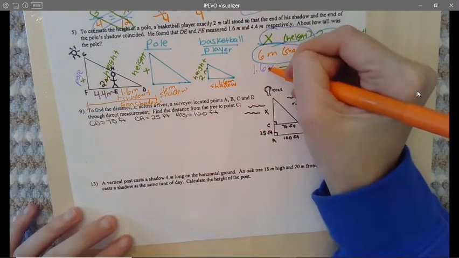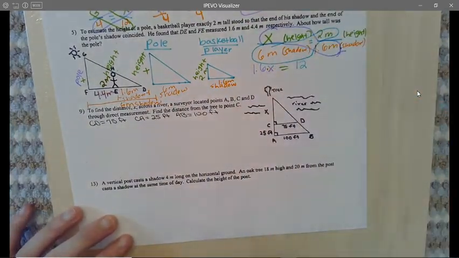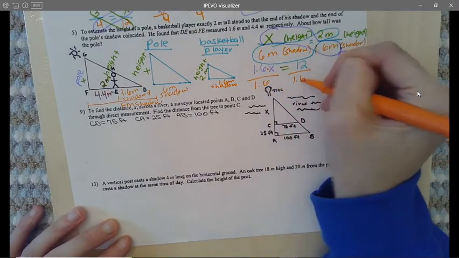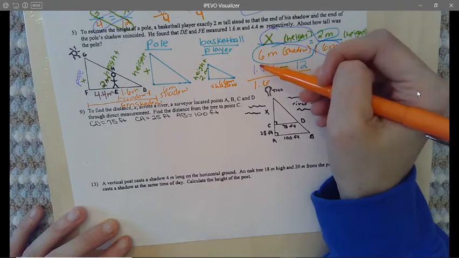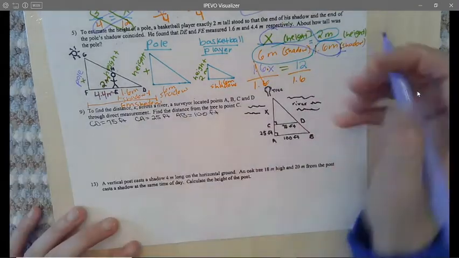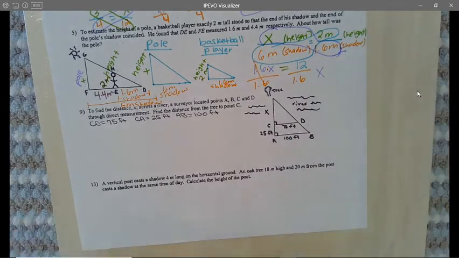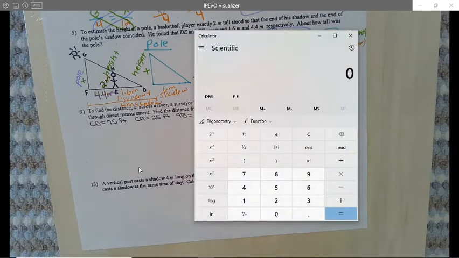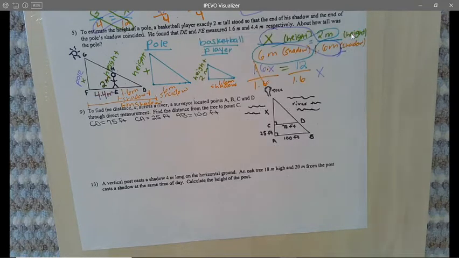So how I move the 1.6 to the other side is by dividing it on both sides. So 1.6 divided by 1.6 will cancel. Okay, and we're left with X will equal 12 over 1.6, which again, since we have decimals, if you need to use a calculator, it's okay. So 12 divided by 1.6 will give me 7.5. So this will be 7.5.